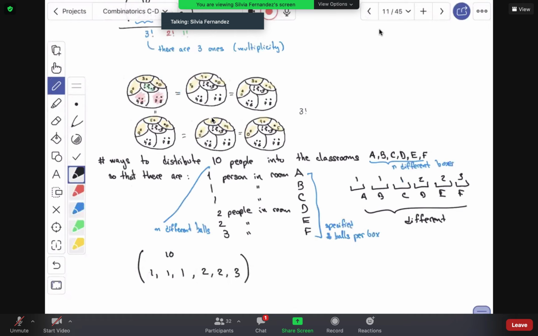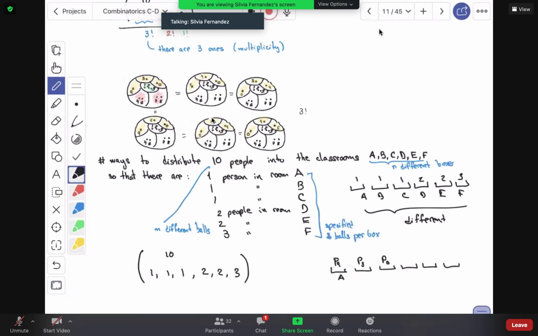But this time around, I don't have to divide by anything, because it is not the same. Let's say that I had person 9 here, person 3 here, person 0 here.